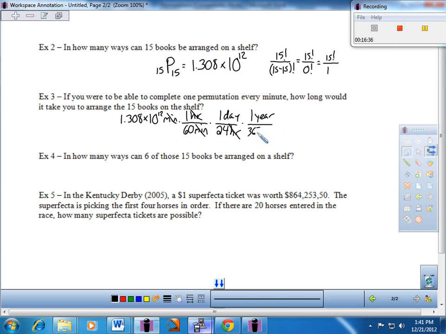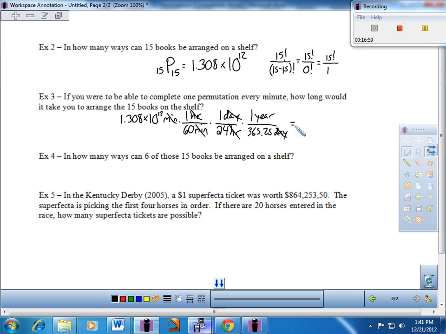How about we do 365 and a quarter? So 365 and a quarter, change the days, and that would put me in years. So divide by 60, divide by 24, divide by 365 and a quarter, and I actually have this one on my paper.